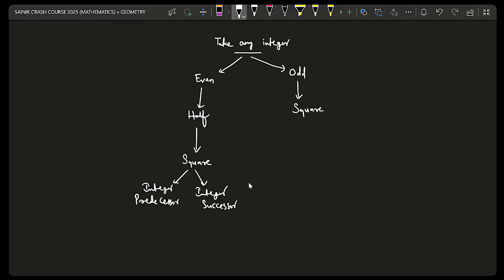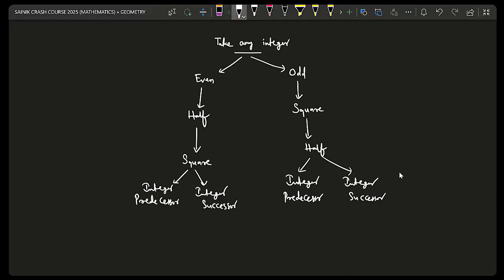Similarly, in the odd part, first you square it, then halve it. Then take an integer just less than that answer, the predecessor, and an integer just more than that, the successor. This is the method we have to follow.